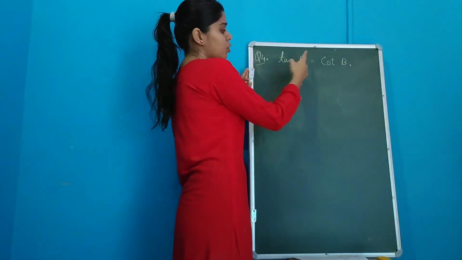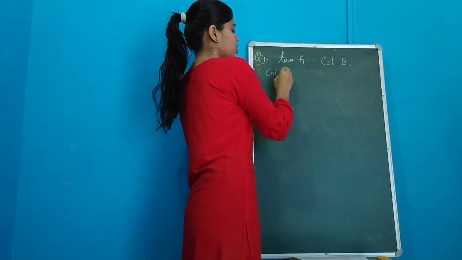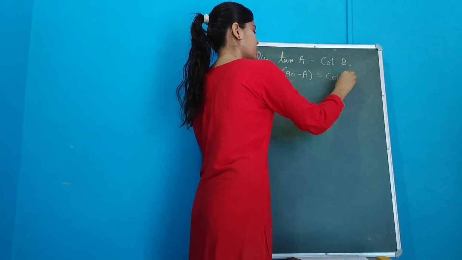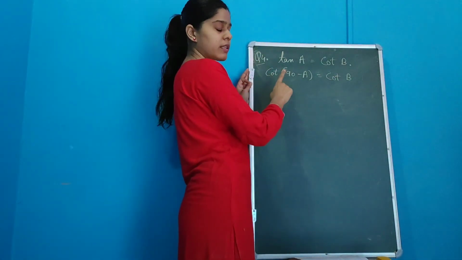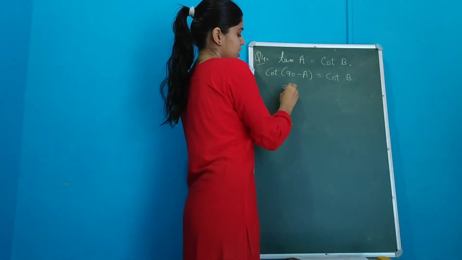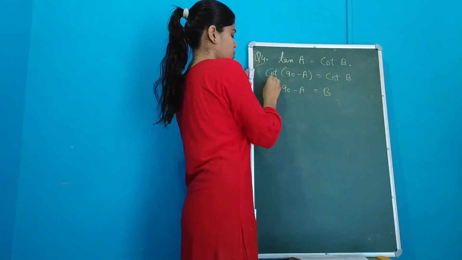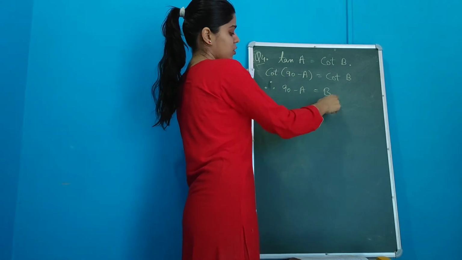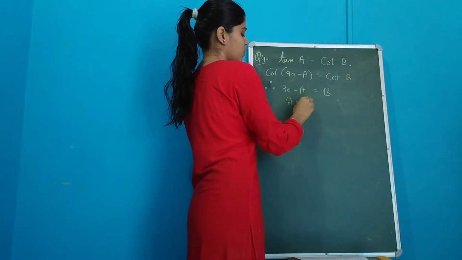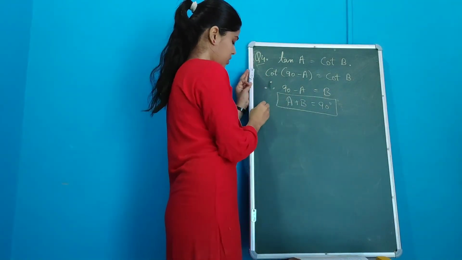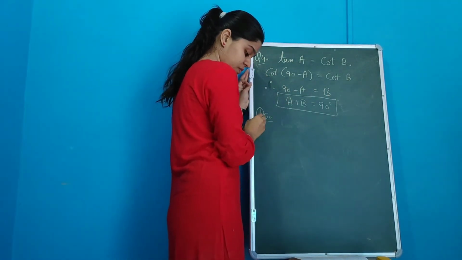So tangent of a को हम cot में convert कर सकते हैं, cot of 90 minus A equals to cot of B. Now cot get cancelled in your mind. 90 minus A equals to B. I think this is the smallest question in the whole exercise. Now here A plus B will become equal to 90 degrees. So it is proved.